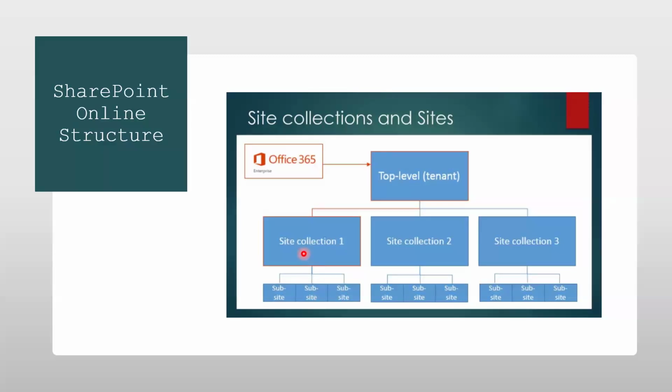Within the HR department, we can create one subsite for the recruitment team, and similarly for onboarding, and another subsite for job referral. So this kind of structure we can create in SharePoint.